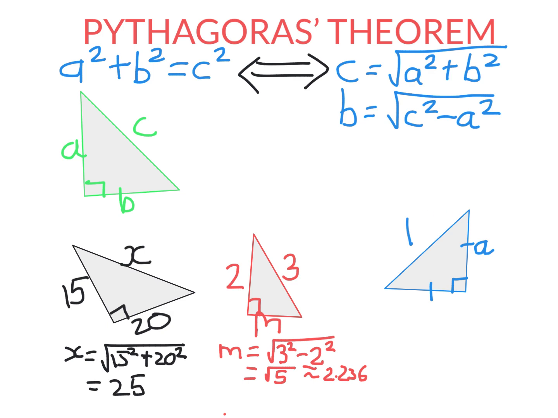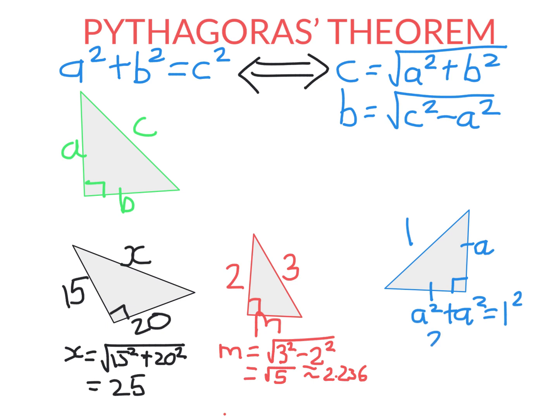So let's look at this one here. Here we have a right-angled isosceles triangle because it has two lengths of equal side, and we're told the hypotenuse is 1. So we can't use either of these formulas because we have two unknown sides. But what we do know is that a squared plus a squared, shorter side squared plus shorter side squared, equals longer side squared.